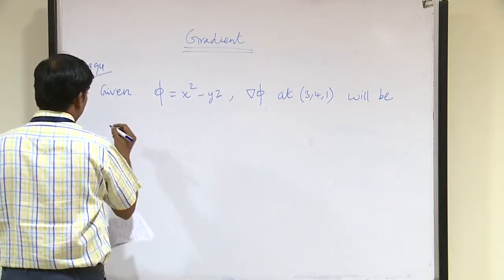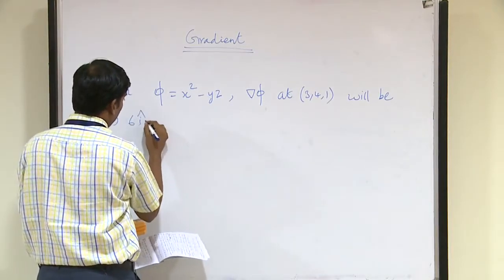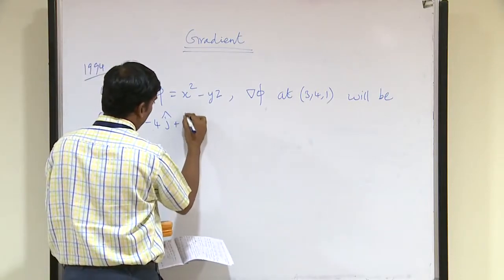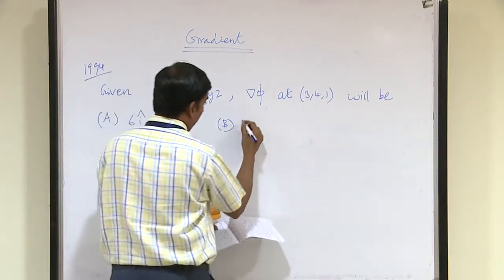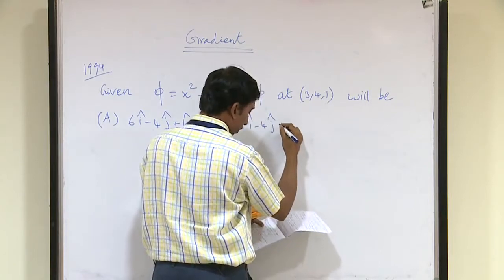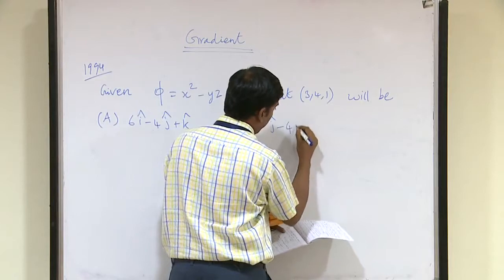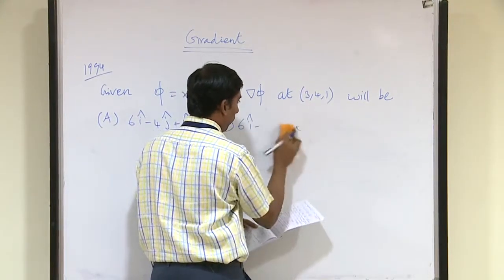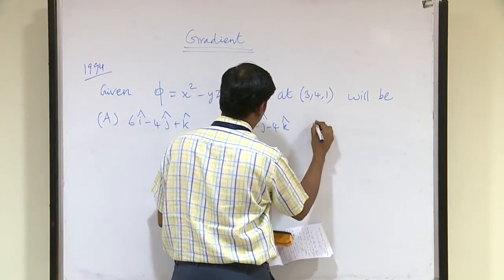So what are all the answers given? One option is j minus 4k cap.